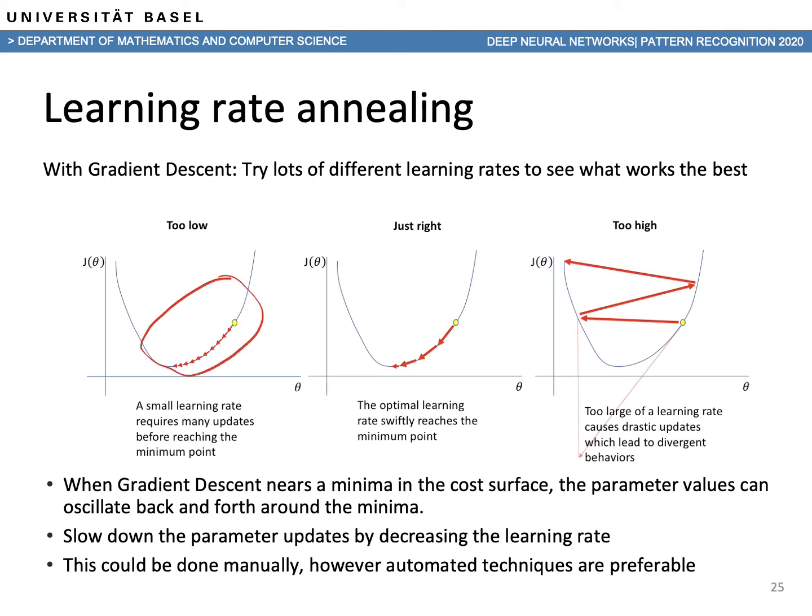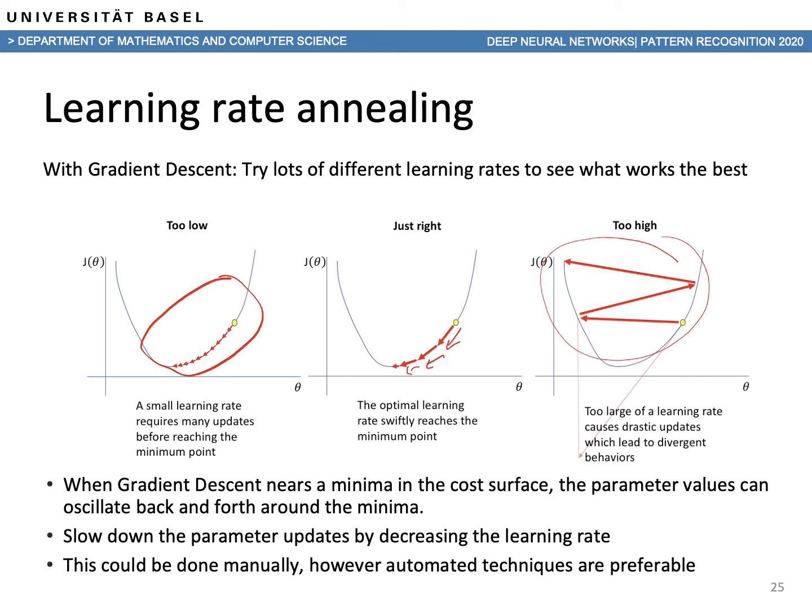If it's too large, we have a whole other problem: we get further and further away from our local minima. And if we're smart, using some kind of learning rate annealing, we have a decent size in the beginning, which then gets smaller and smaller the closer we get to our local minima.